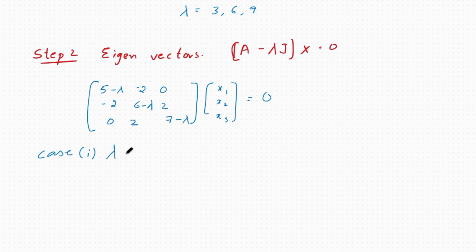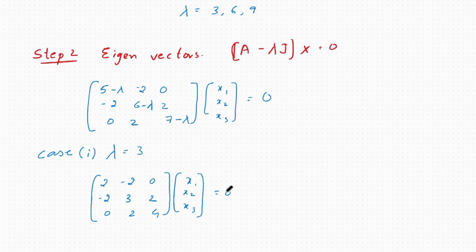Let's consider the first case as lambda is equal to 3. When we substitute lambda equal to 3 in this eigenvector equation, the matrix will be 2 minus 2 0, times x1 x2 x3, is equal to 0.